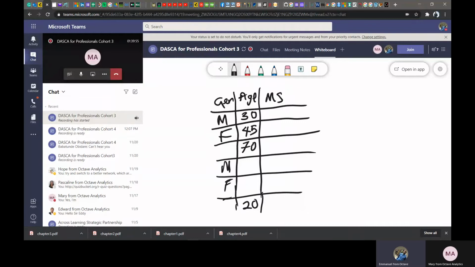The marital status. This one is single. This one is married. This one is empty. This one is married. This one is divorced.